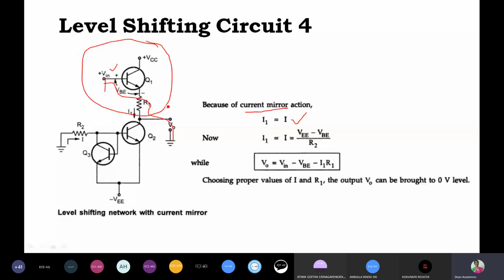So what are I1 and I2? I1 or I2 you can express from here, I you can express. Take this loop, loop 1.